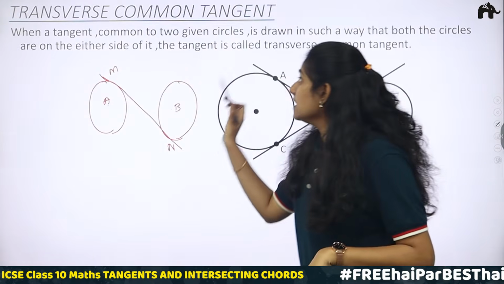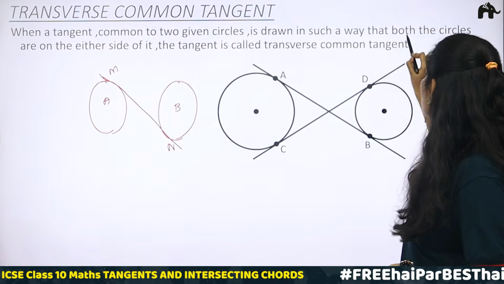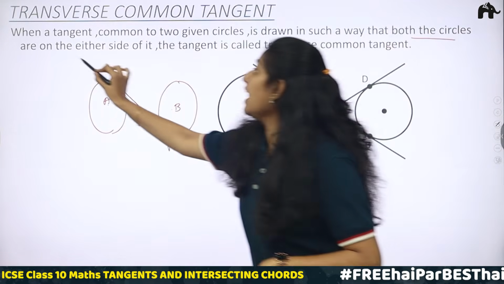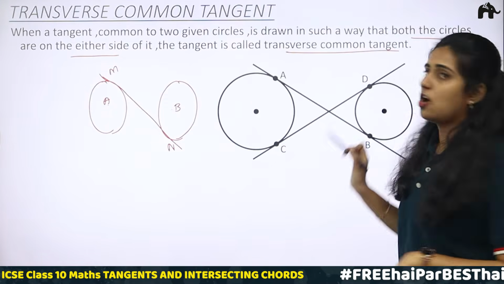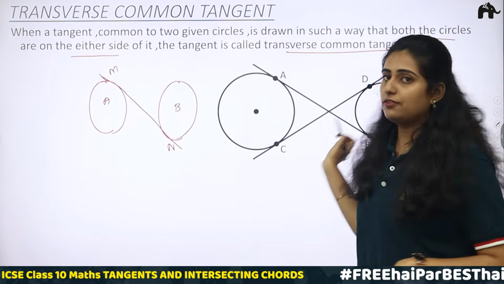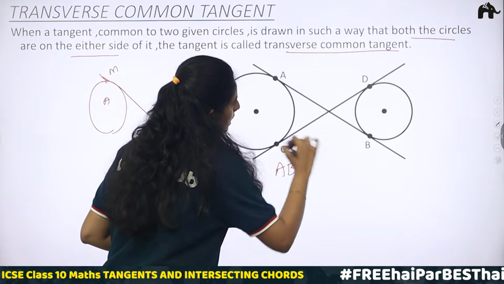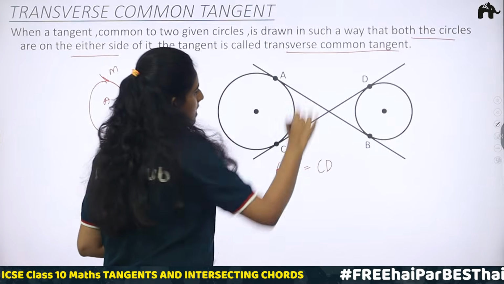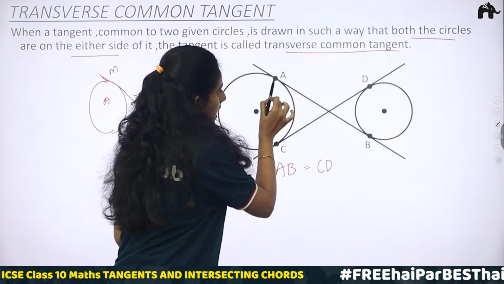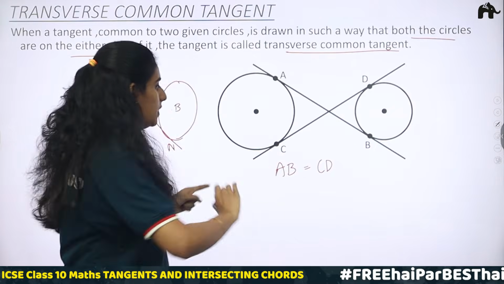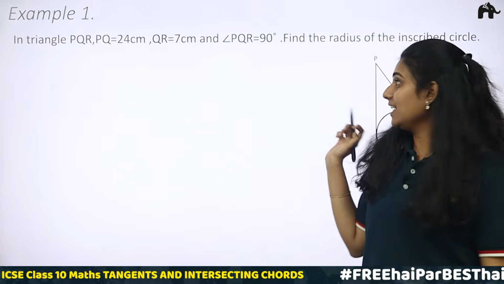So, when a tangent common to two given circles is drawn in such a way that both the circles are on either side of it, the tangent is called a transverse common tangent. Here again, the length of tangents will be the same. That is, AB will be equal to CD. That is, for the tangent touching the circles at points, when we measure the distance A to B, it will be equal to the C to D distance. Understood? Let us take an example.